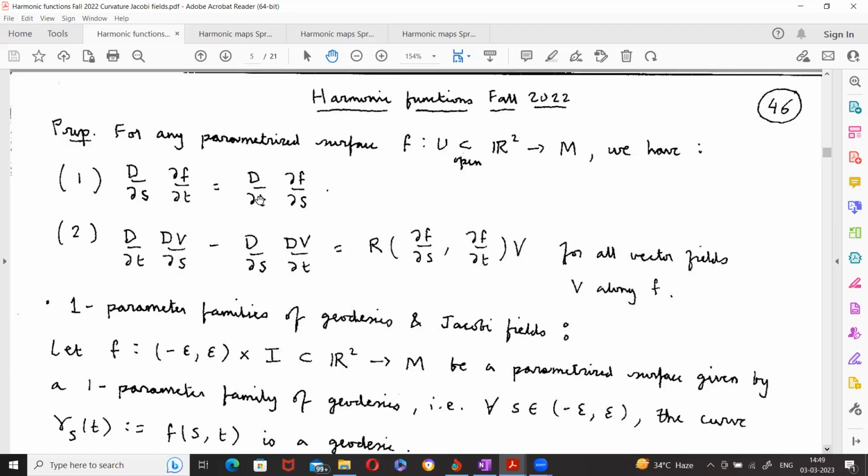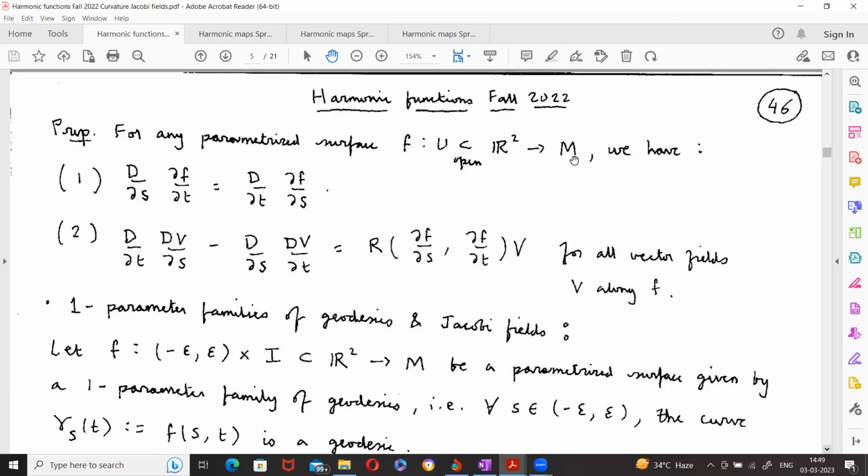So the proof of this you can try to prove as an exercise. What you'll have to do is take a chart on M, so x1 to xn are local coordinates. You compose your chart with F, then F becomes a map into Rn, right?